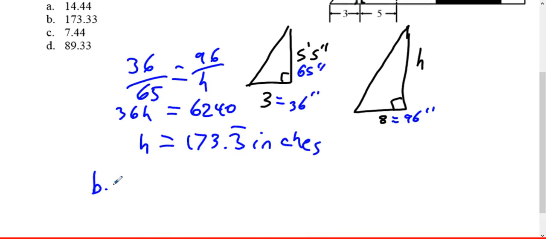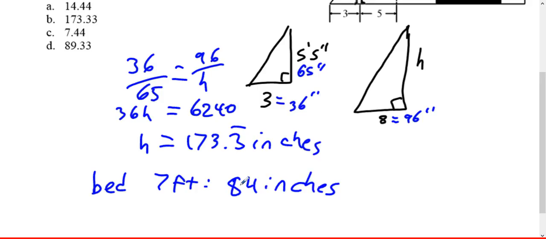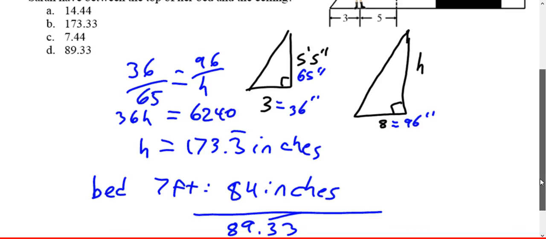So if the bed is 7 feet, that's 84 inches. So then you subtract 84 from 173. That tells us there's 89.3 inches between the top of the bed and the ceiling.